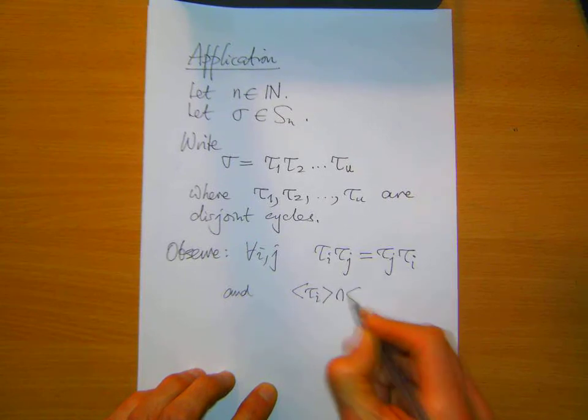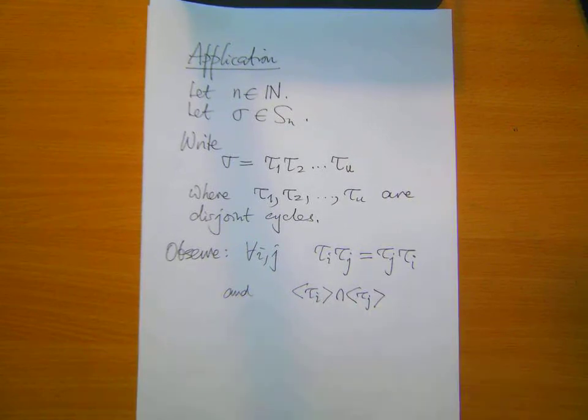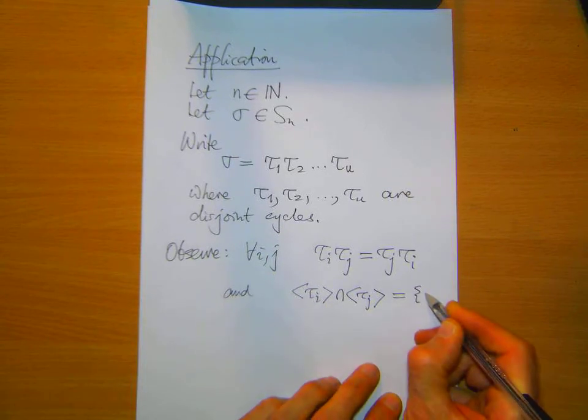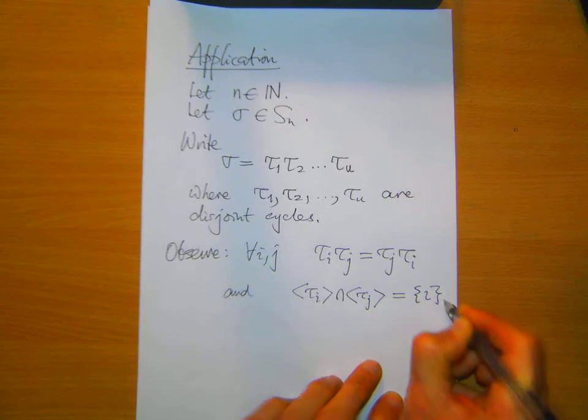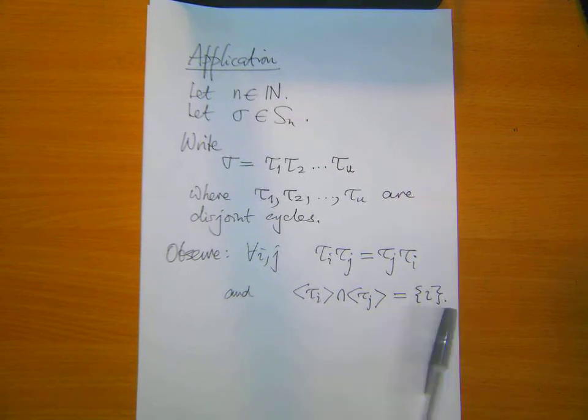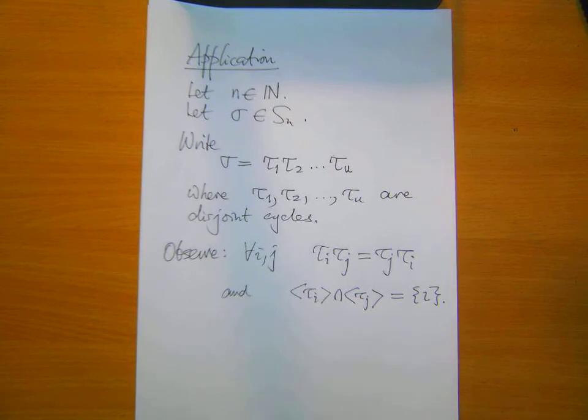And if I look at the corresponding cyclic subgroups, then if they're disjoint cycles, the only thing in the intersection can be the identity, which I'm tending to call little iota for the identity element in Sn. I'll leave you to think about why that's true. If you've got disjoint cycles, then no power of one can be a power of the other.